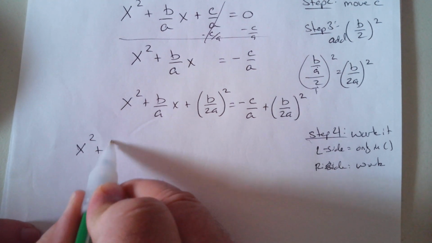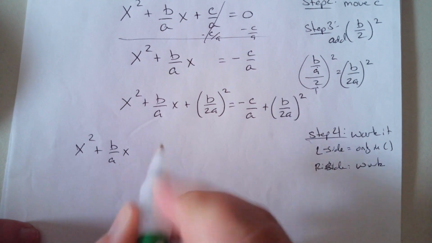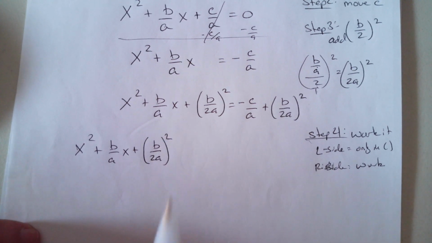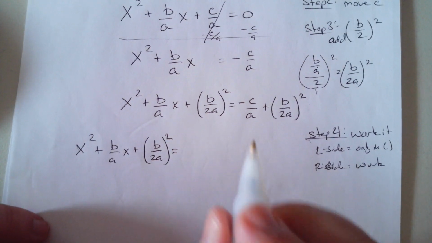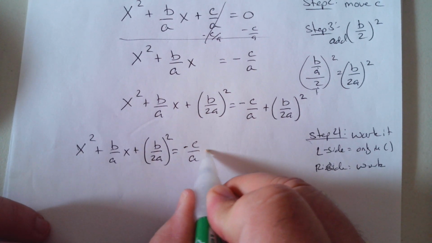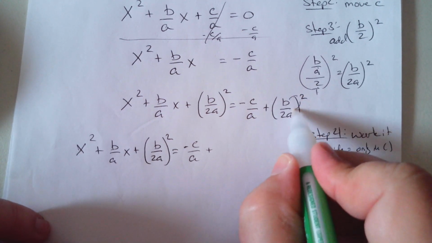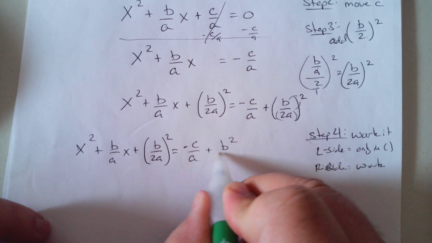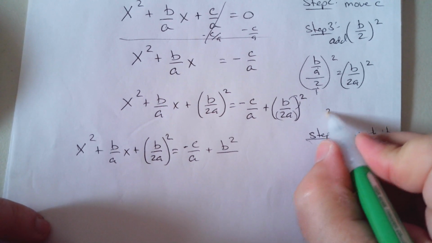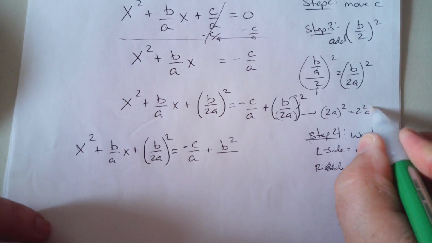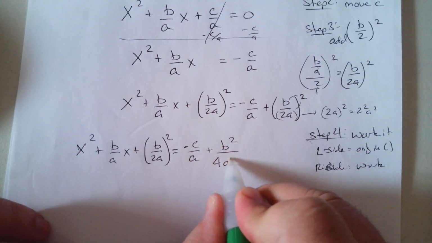So x squared plus b over ax plus b over 2a squared equals negative c over a plus b squared over 2a squared. This square goes to both top and bottom. So 2a squared becomes 2 squared a squared, so it's 4a squared.